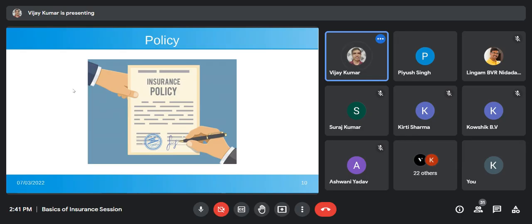Any questions? So one thing here: when Vijay says insurance carrier, it basically means the company which is insuring the risk of a person or a company or any entity for that matter. We don't say insurer, we call it insurance carrier, because they are carrying that risk for you.